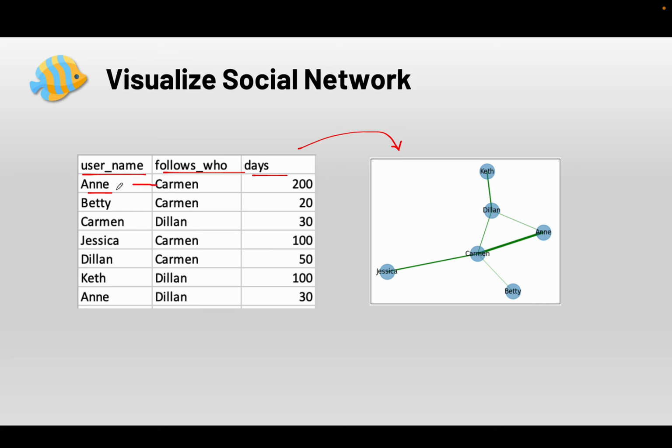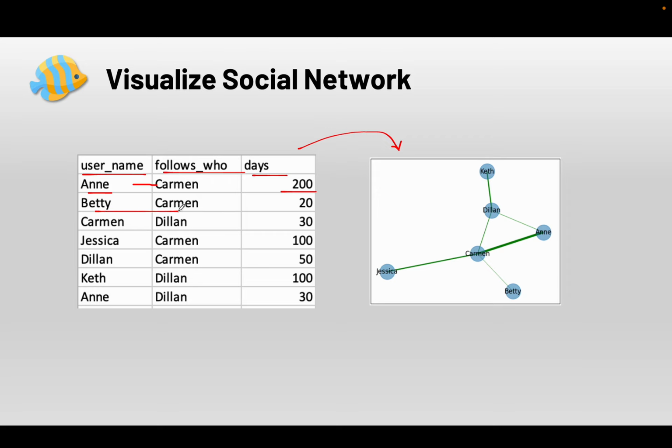In the first column, each entry represents a user, and follows who means that this user follows another user. Let's say the first one, Annie, follows Carmen, and this friendship lasts 200 days so far. That means Annie and Carmen are friends in the online social network, and they tend to have a stronger relationship.